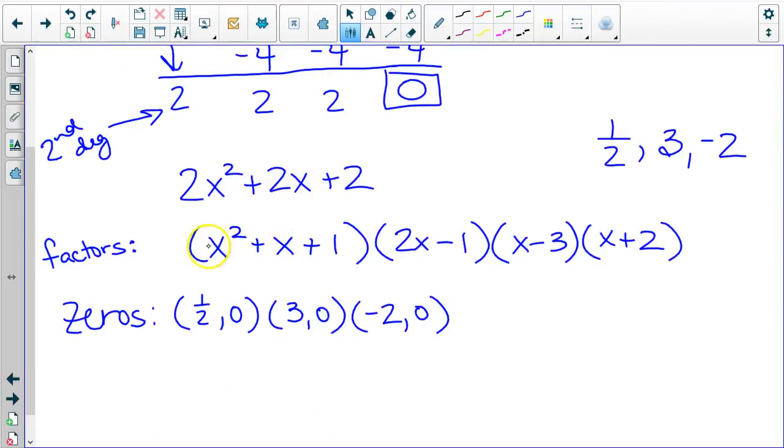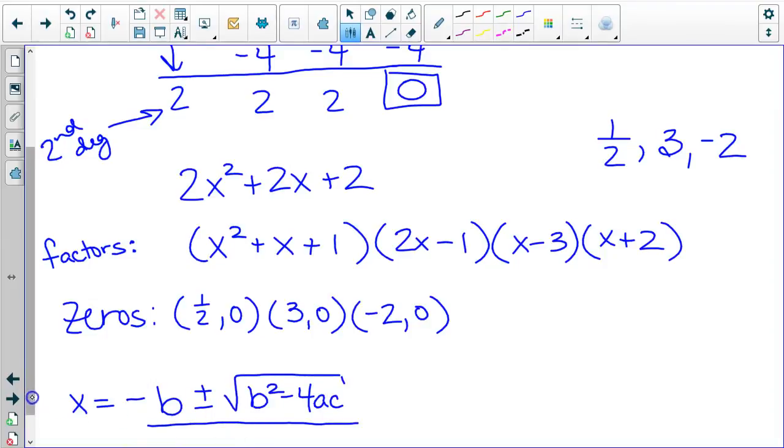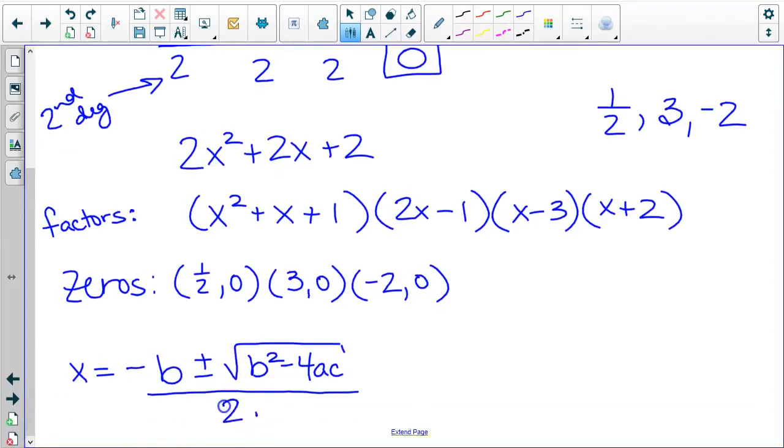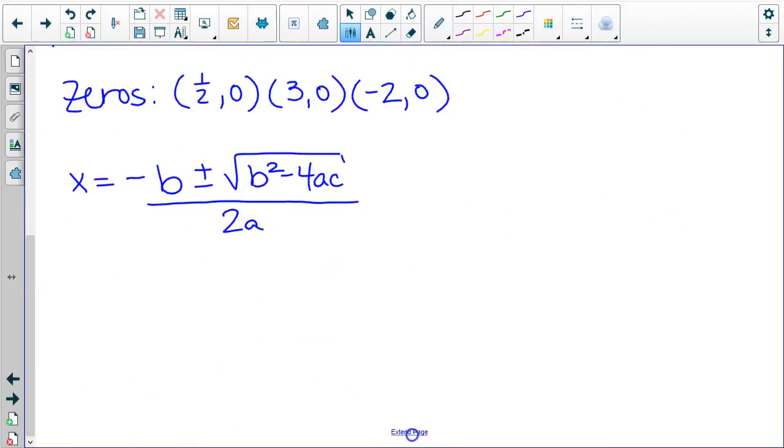Okay. So A is, what's my formula? First of all, let's see if y'all remember. X equals -b plus or minus square root b squared minus 4ac all over 2a. Remember that? All right.